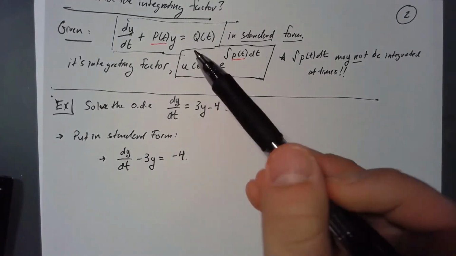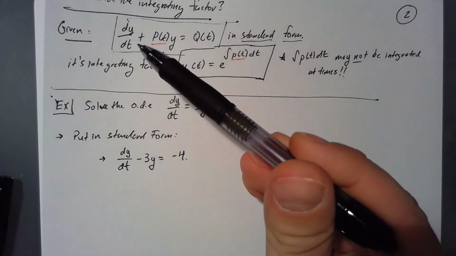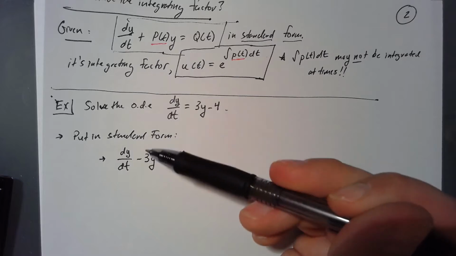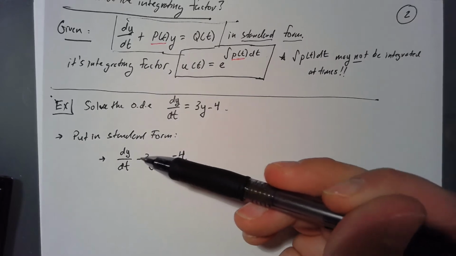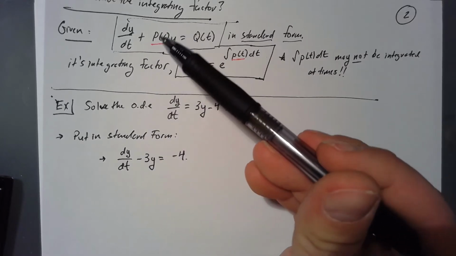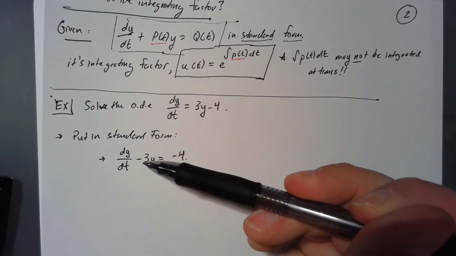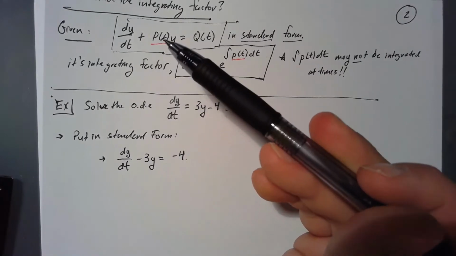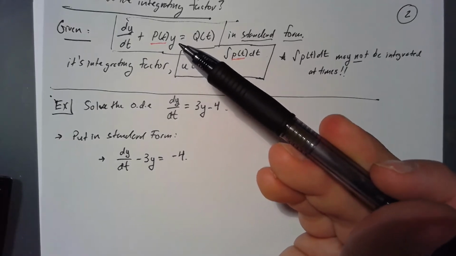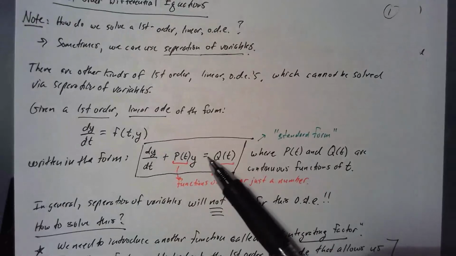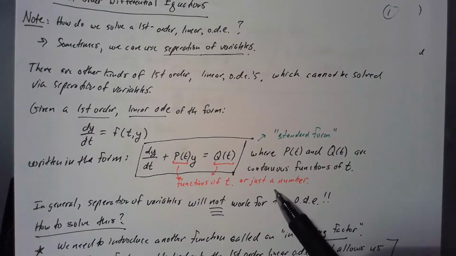All right. Is this in standard form? It is, because if you look here, I have dy/dt plus, well, plus or minus, it doesn't matter. Plus is the same thing as plus a negative. Okay. Stuff with t times y. Well, remember, P of t could be a function of t or a number. I said that in the notes right here. P of t is a function of t or just a number.